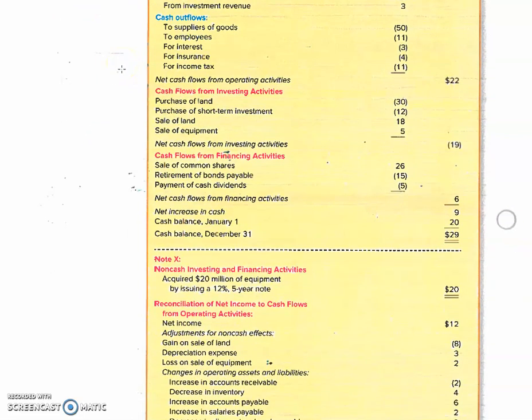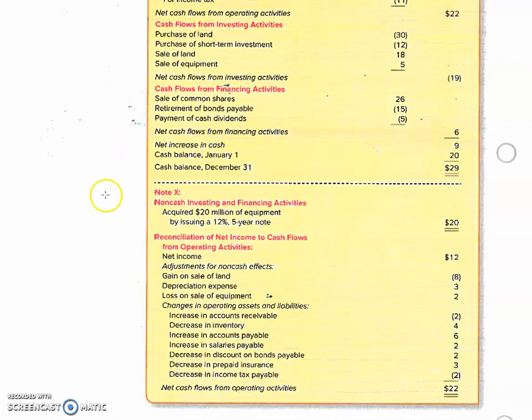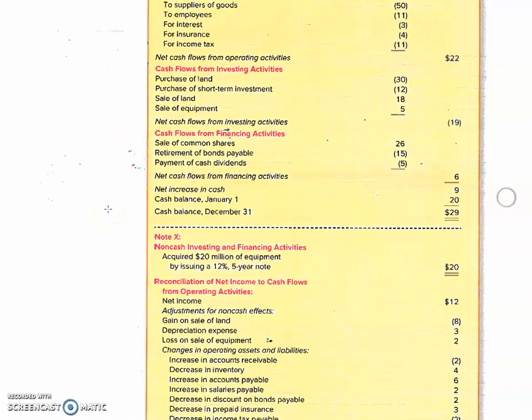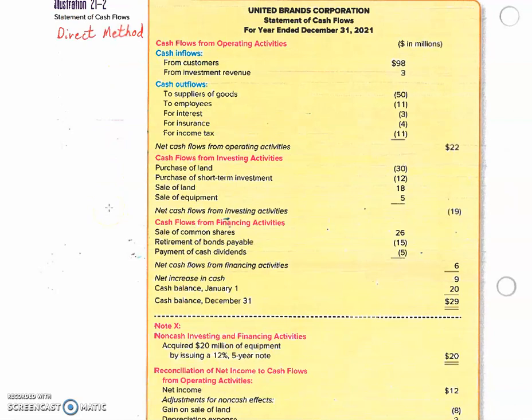Now, which of the two methods do you think is the most commonly used? The answer is that the indirect method is more commonly used. In fact, in a survey of 500 corporations, only 1%, or 5 of those, use the direct method.